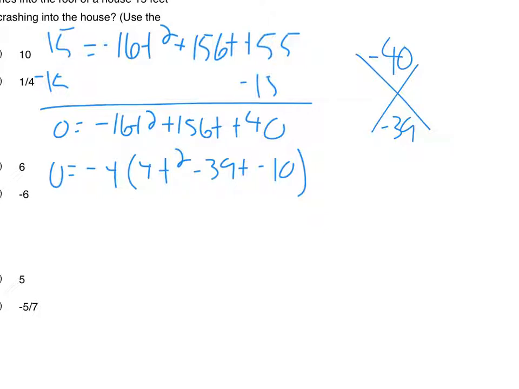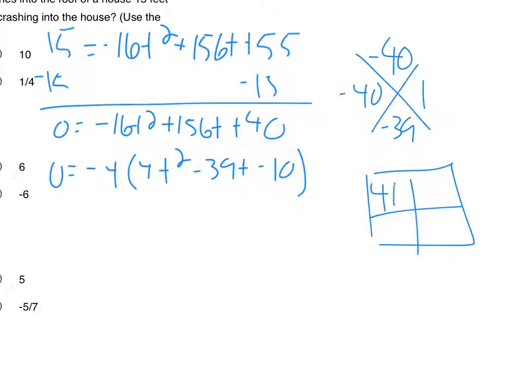So then we get negative 40 and 1. Do the box. We get 4t squared, negative 10, negative 40t, and 1t. So we get negative 10, we get t, we get 4t, and we get 1.